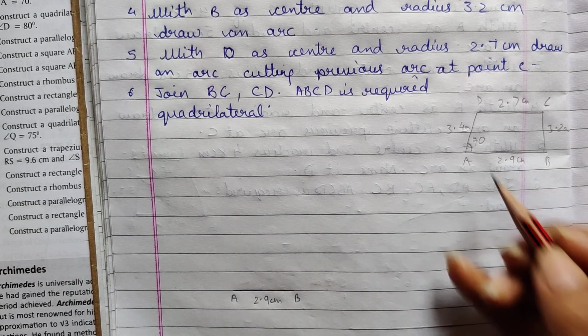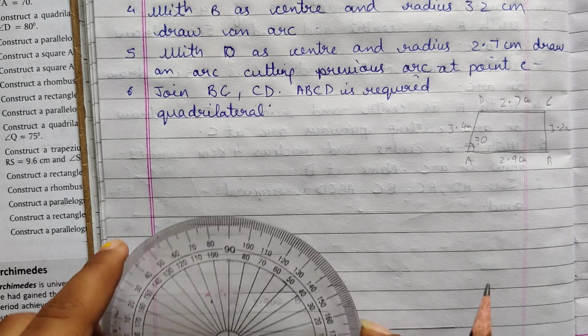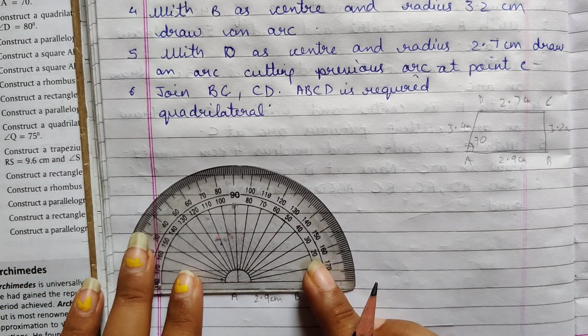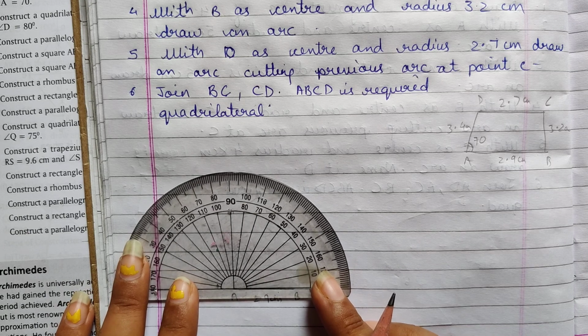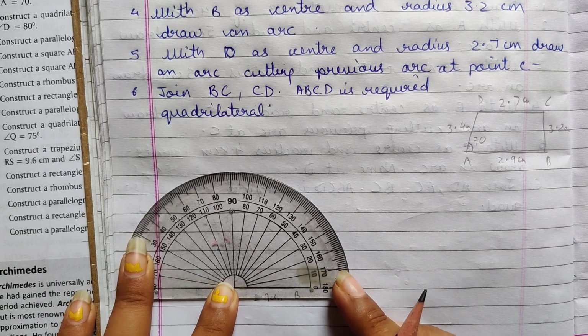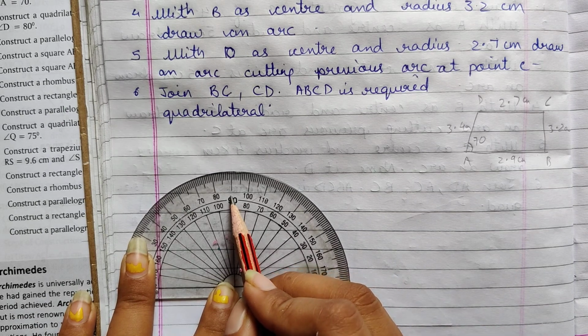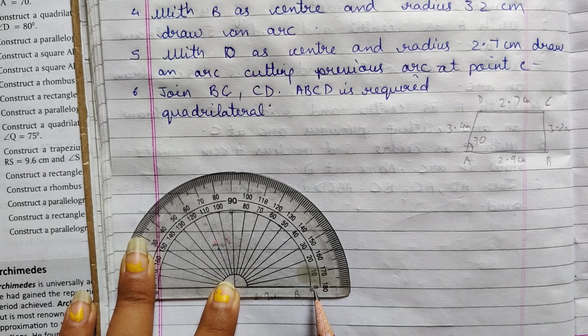Now at point A we have to draw 70 degree. Since we can't draw 70 degree with the help of compass, we will draw 70 degree with the help of protractor. So keep the protractor on point A. Your base of the protractor should fall on the line and measure 90 degree is this, and 70 degree should be less than 90 degree. So we will start counting from 0.